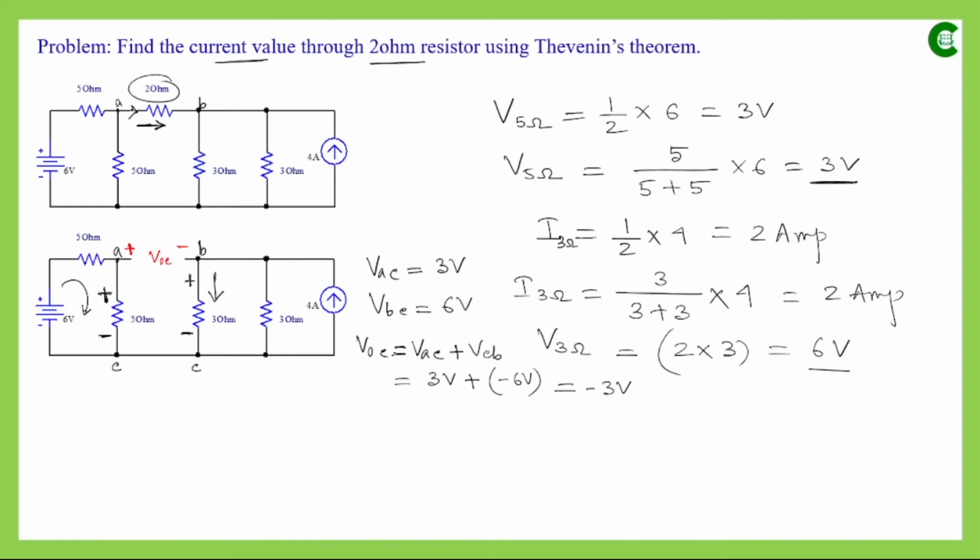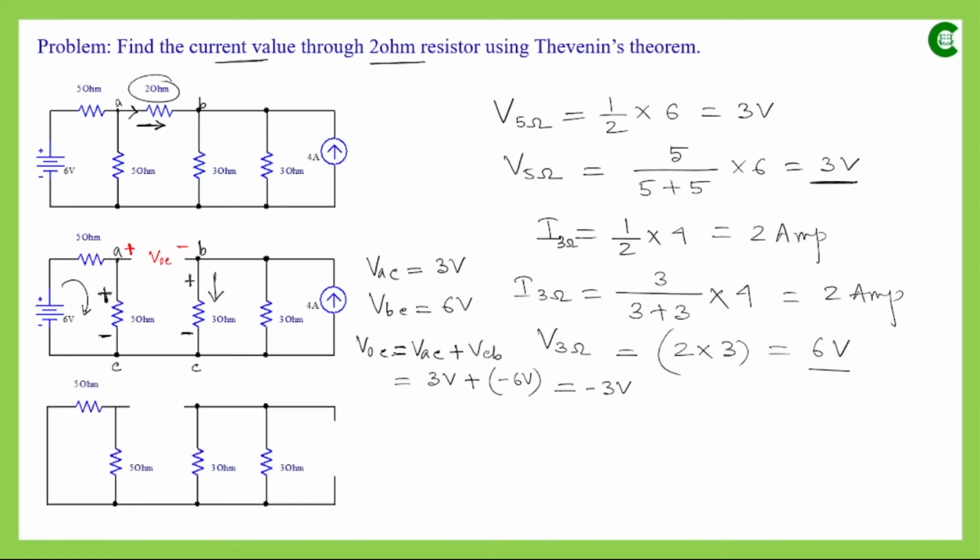With respect to that assumption, the polarity of this voltage VOC we took as positive on this side and negative on this side, and finally the VOC value that we are getting is minus 3 volt. That means actually the polarity of this voltage VOC will be, this will be at higher potential and this will be at lower potential.